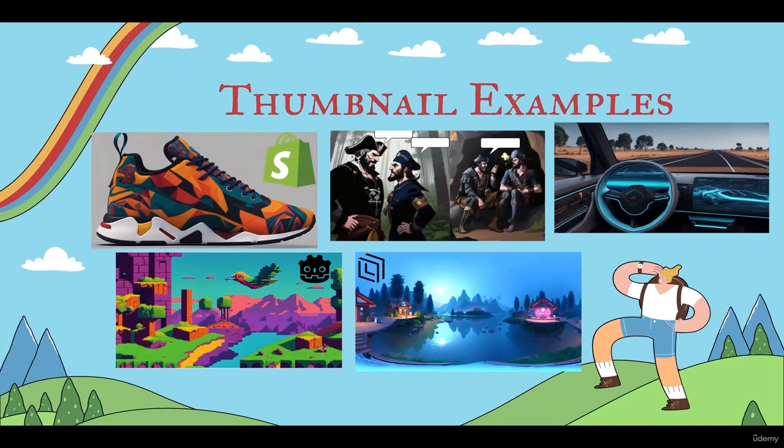And the second one here is the thumbnail for my online course that teaches people how to create comics using AI. And the third one here is the thumbnail that I created for my online course that teaches people how to develop a self-driving autonomous vehicle using Python. So look at this, I generated this image using AI.